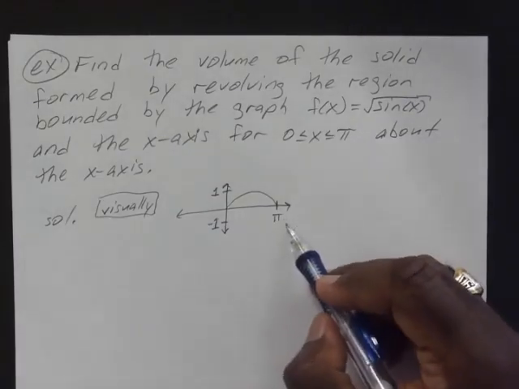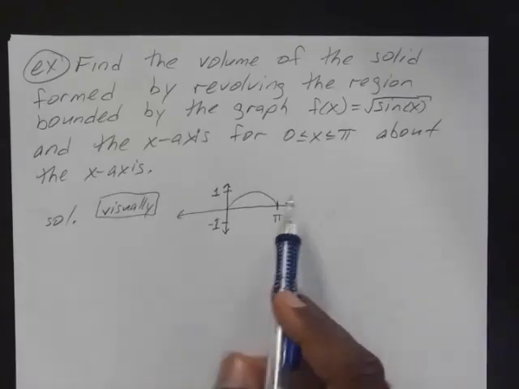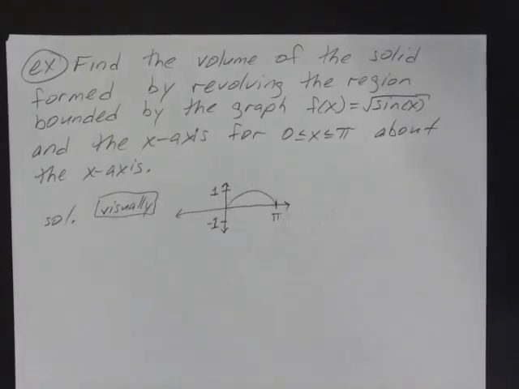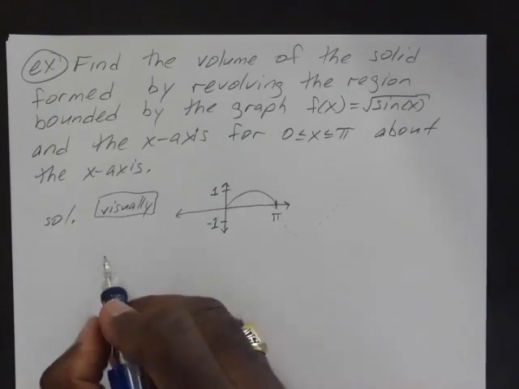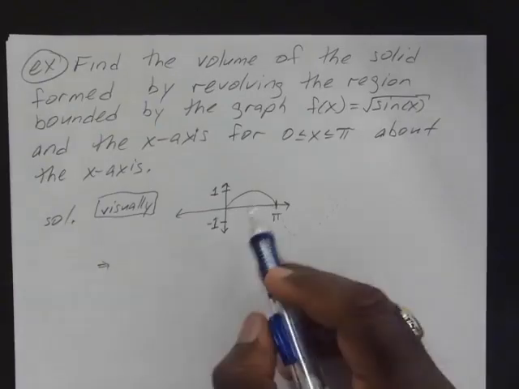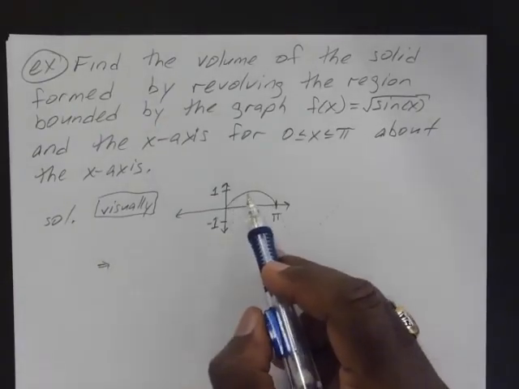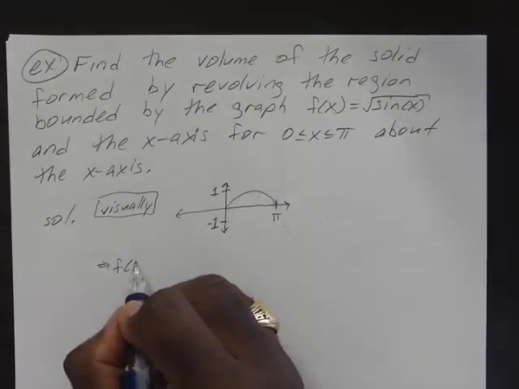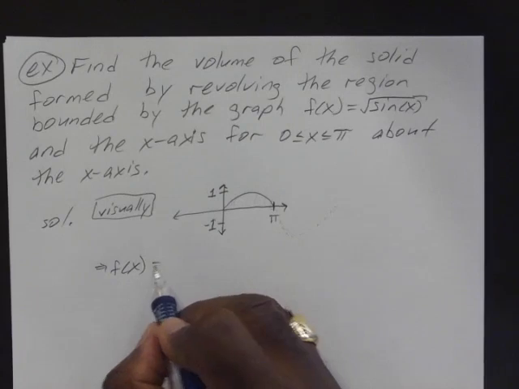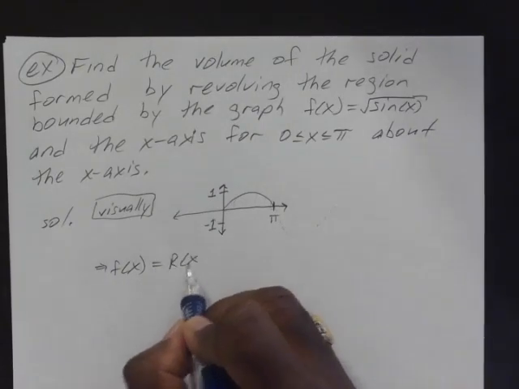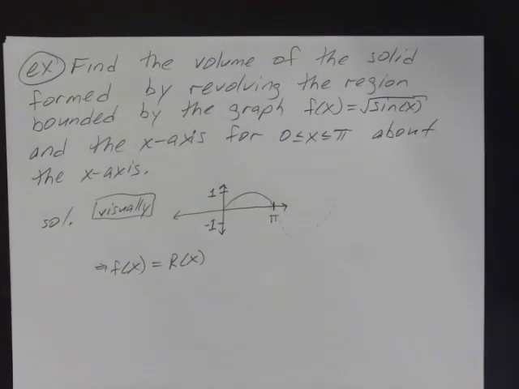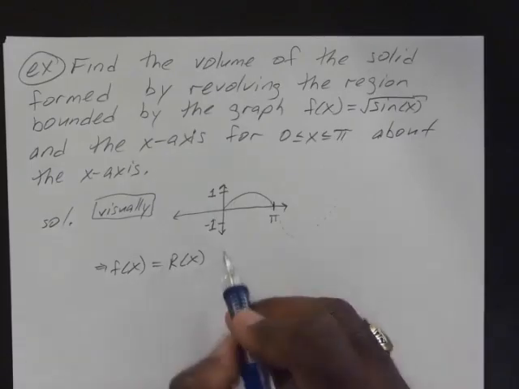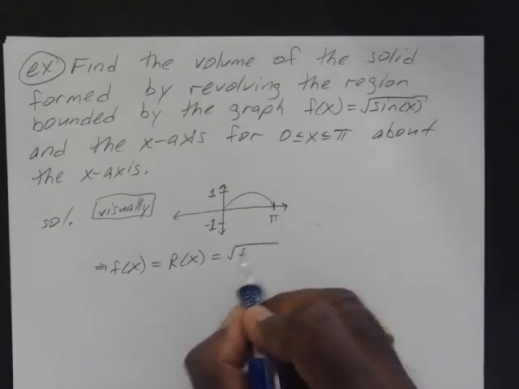And if we kept going, it would just look like that. But we're only worried about 0 to pi. Now in this case, again, we can see that our radius would change with each one. So in this case, our f of x is equal to our radius function, which is the square root of sine of x.